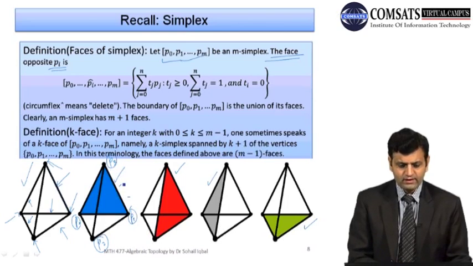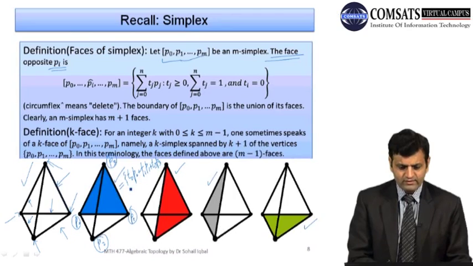The set of points of this blue face will be T0 P0 plus T1 P1 plus T3 P3, and of course the condition on T0, T1 and T3 is that their sum should be 1, and all of them should be greater than or equal to 0.